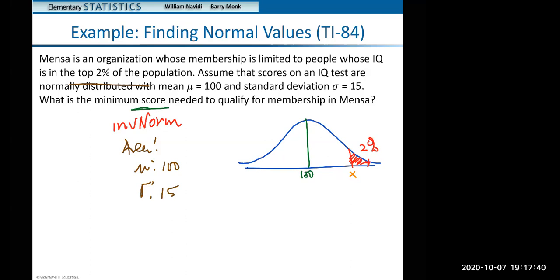Remember, if you don't have a tail, you enter the area that is to the left of your score. To the left of this score is 98%. If this is 98%, this is 2%, right? So that's why you have to enter here 0.98.